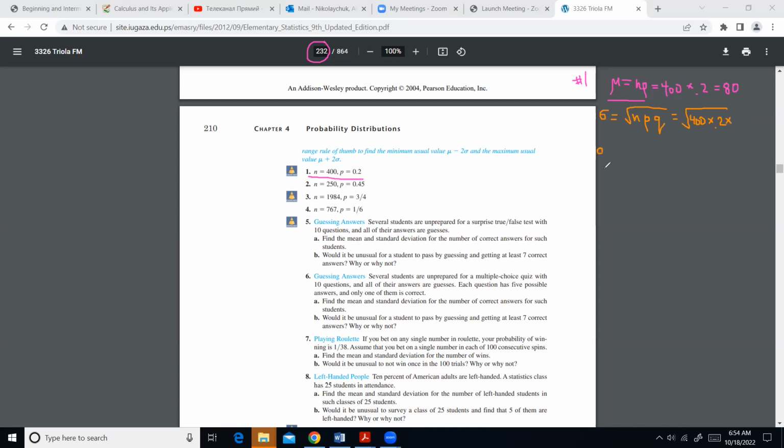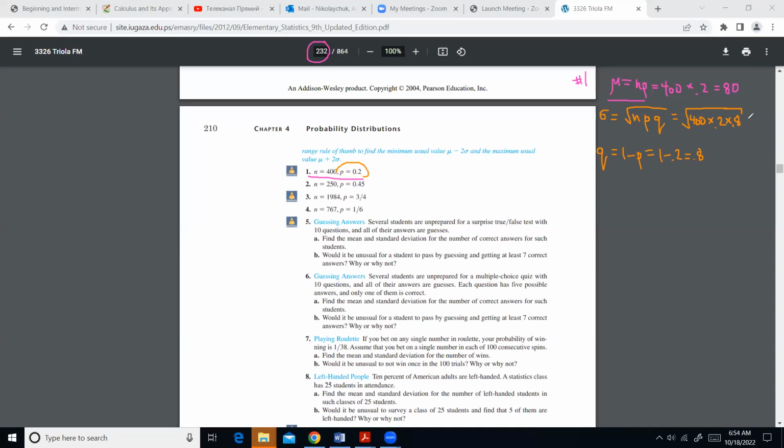So Q could be found as 1 minus P. If they gave you the fact that P was 0.2, then you subtract 0.2 from 1 and get 0.8. So that's how I put this 0.8 here.